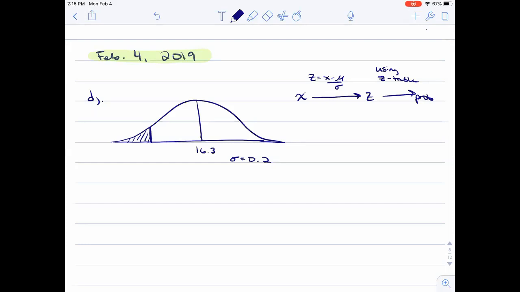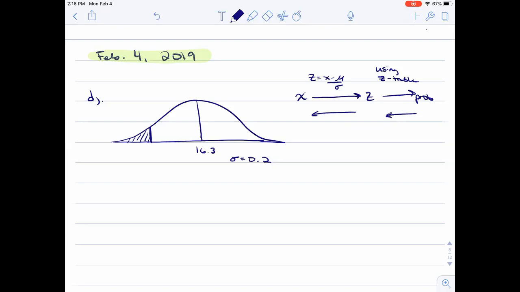That's how we've been going so far. We've got observations that we want to know the probability of, but now we've got a reverse situation where we know the probability and we want to know what x is. So we can use the same motion backwards.